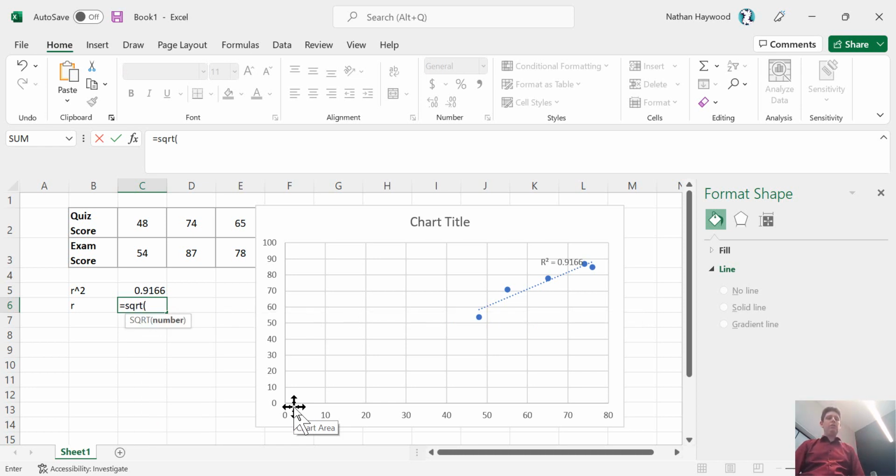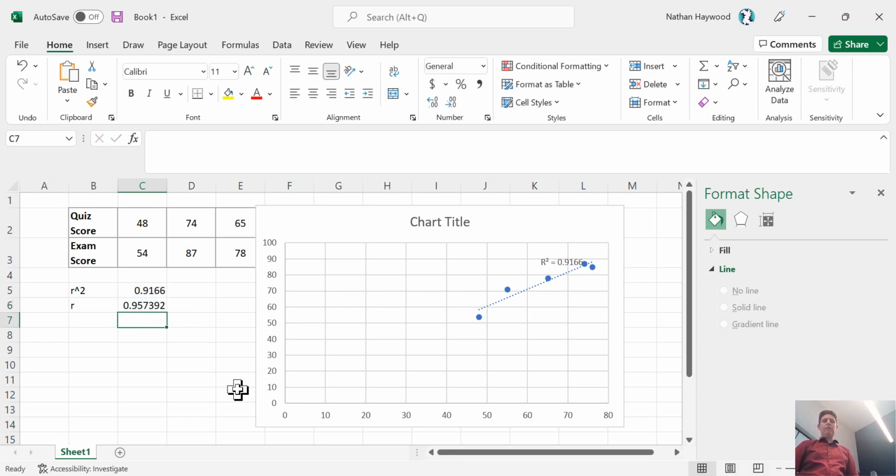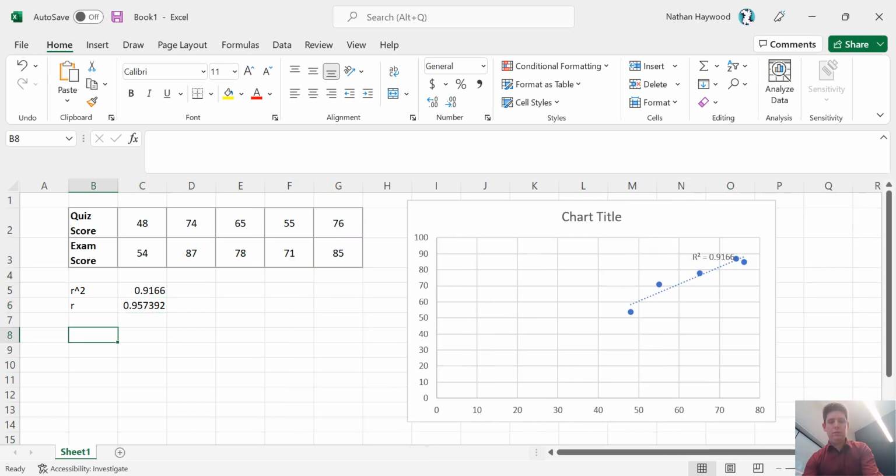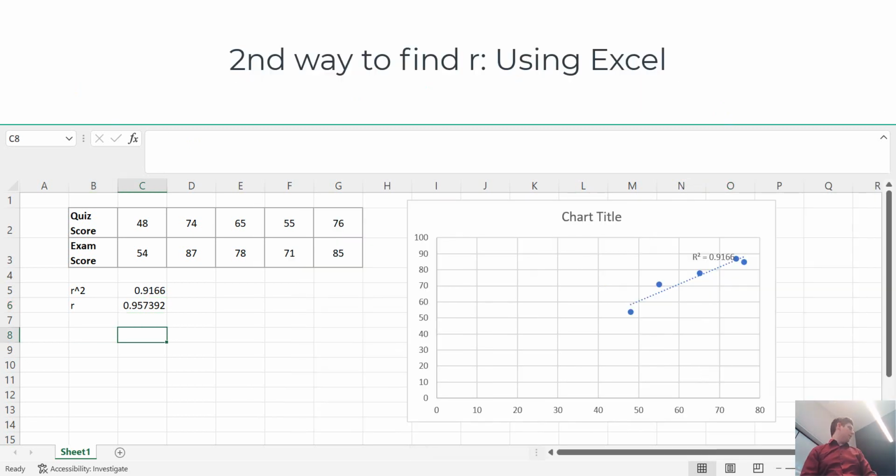Does anyone know what that stands for? Square root, and then select the cell that you're square rooting to get to the R value. So that is our first way to get Pearson's correlation coefficient. Not super accurate.